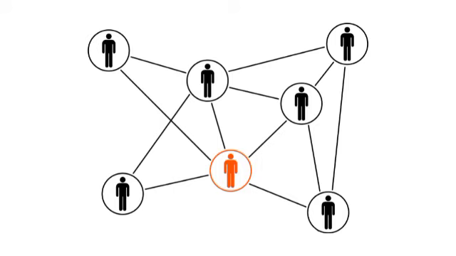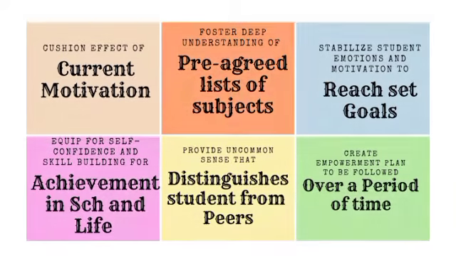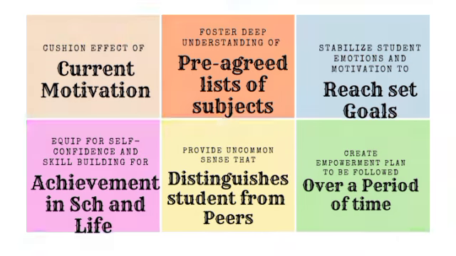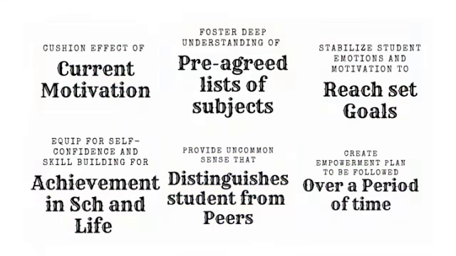An underachieving student mentor and trainer's job is to cushion the effects of students' low motivation in certain subjects so it does not affect important subjects. And secondly, their job is to equip students to deeply understand a pre-agreed list of important subjects.